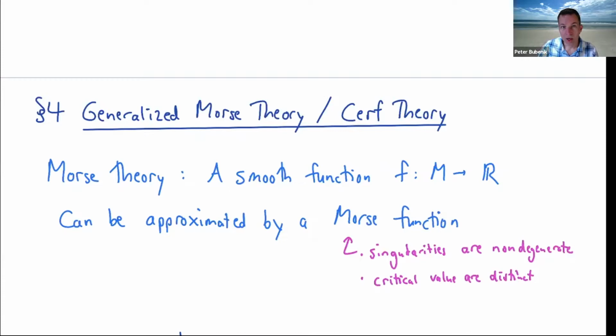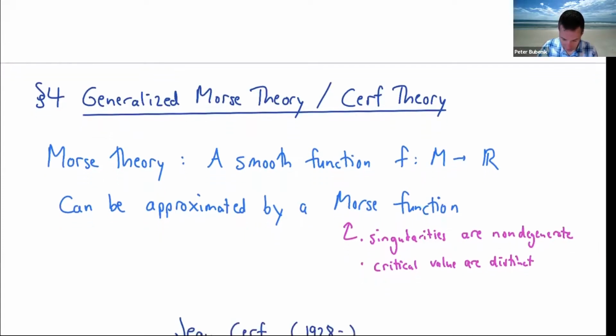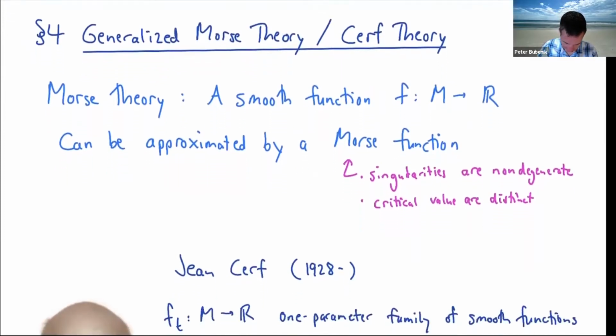So if we take an arbitrary function, there is a sequence of Morse functions converging to it, or if we take any neighborhood in this topology of that smooth function, there's a Morse function in that neighborhood. And if we take any Morse function, that function has an open neighborhood consisting of only Morse functions. That's very classical and very well-known theory.